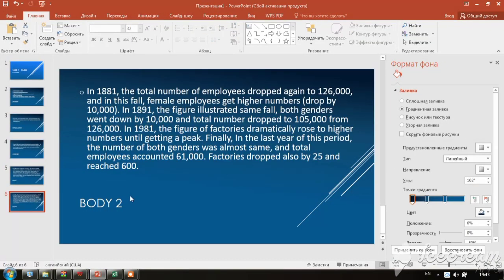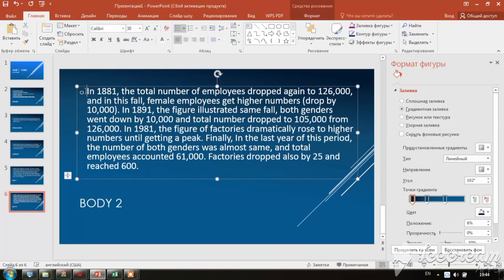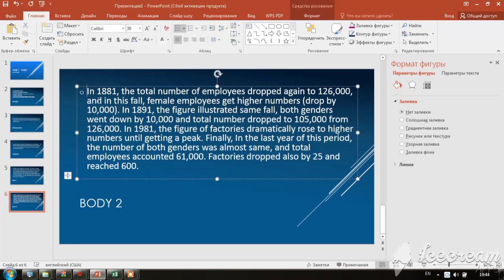In the second body paragraph, we illustrate the remaining four years. So let's jump to the last but not least paragraph, where we try to illustrate other information, but not higher.